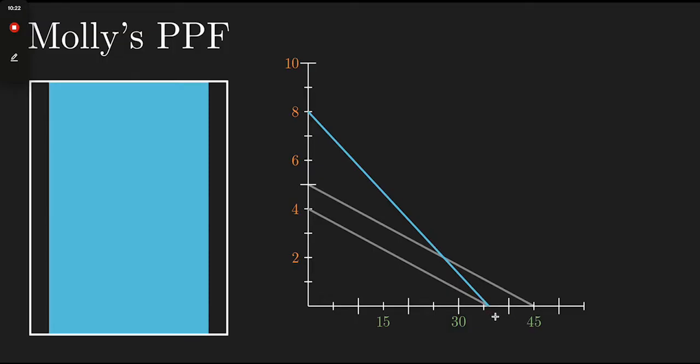So an improvement in that technology has no impact on her if she's only growing spinach. So we see no change at this extreme point, but we've seen a doubling on the vertical. Okay, so we get this pivot, as we call it, in the production possibility frontier with a change in technology.